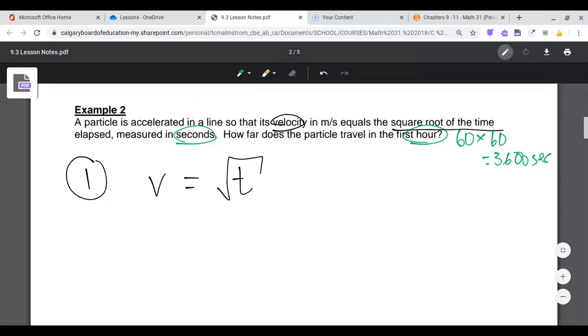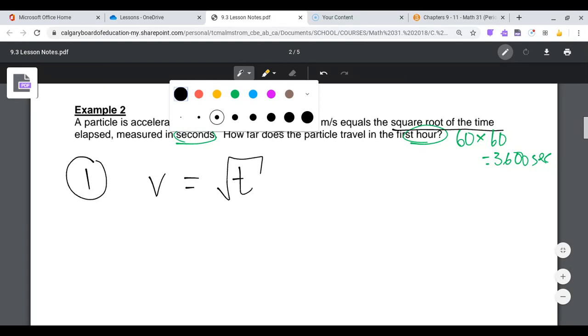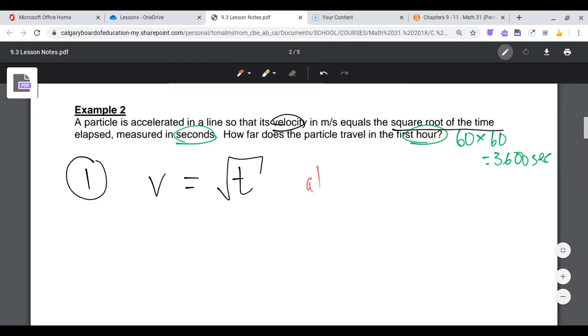Okay? All right, so what else will I note about this function? That at t equals 0, the particle, we can assume, hasn't gone anywhere, so the velocity would be equal to 0. And then after that, when t is greater than 0, because it's the square root function, the velocity is going to always be greater than 0.